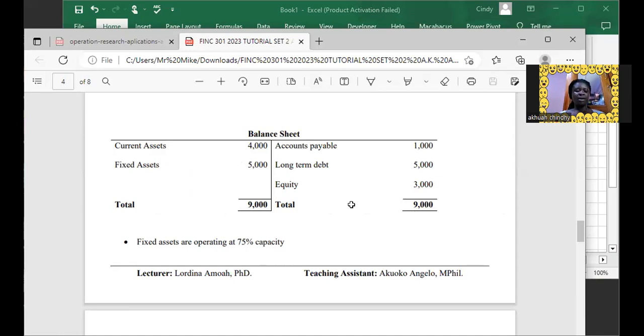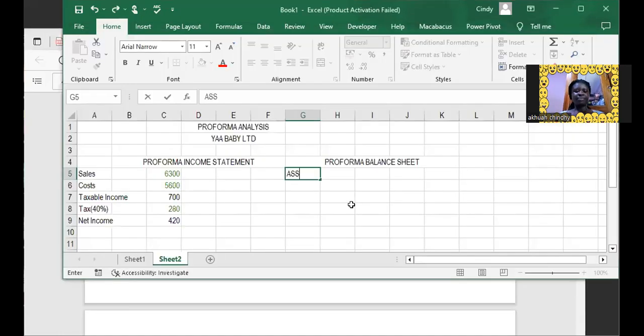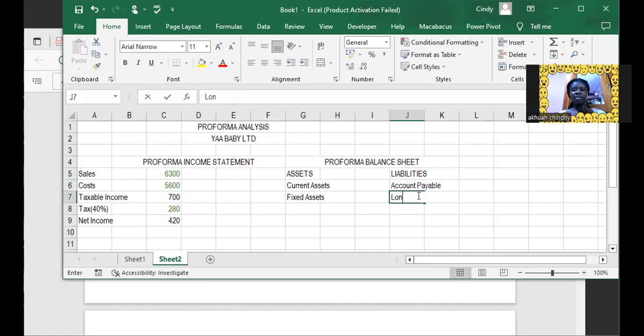So we'll have our assets here, and let's say we'll have our liabilities here to differentiate. Okay, so here we have the current asset, here we have the fixed assets, then here we have the accounts payable, we have the long-term debts, and then we have our equity.